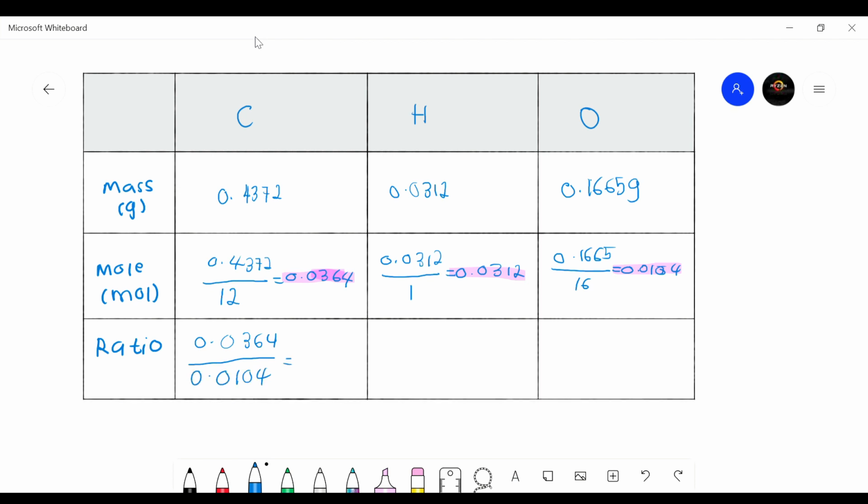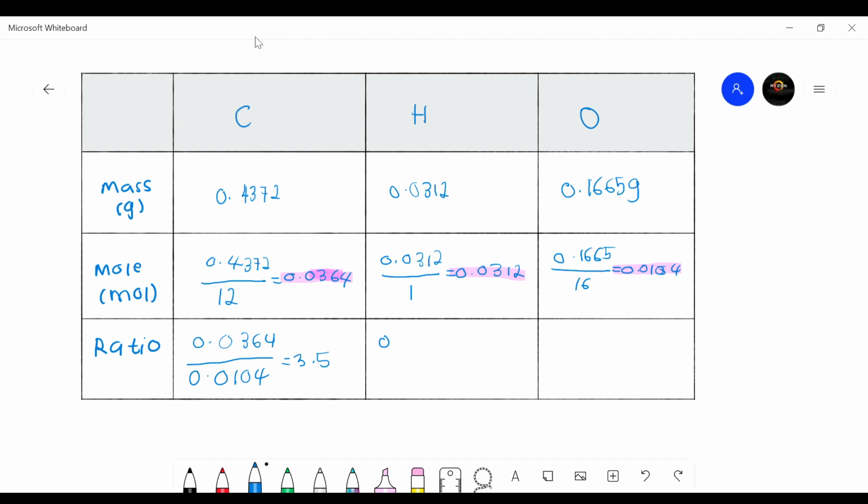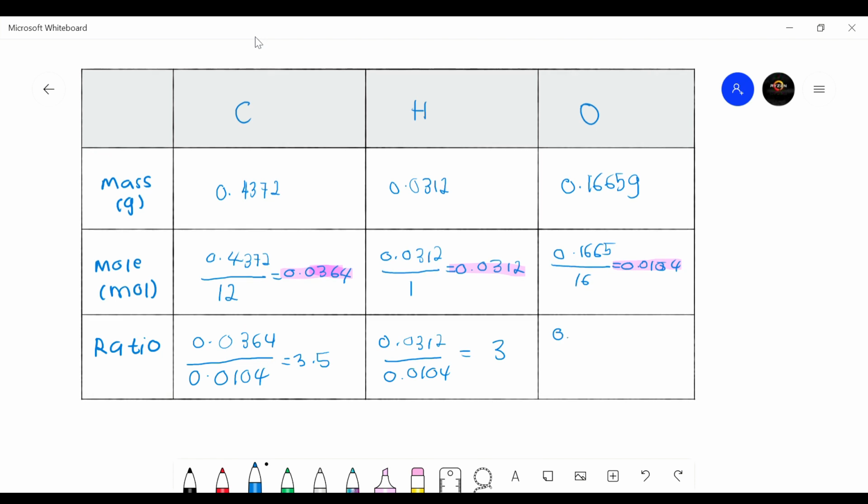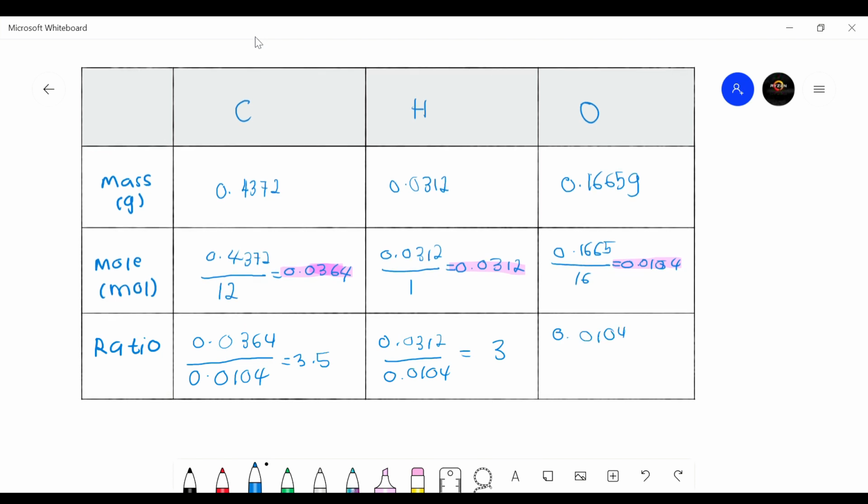That is our smallest value, and then we will get 3.5 for carbon. Now we move on to the second one, over the same 0.0104, and we will get 3. Dividing oxygen by itself, we get 1.